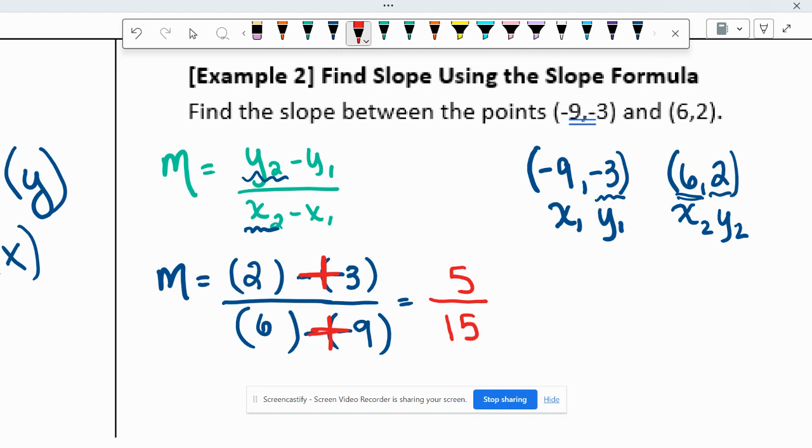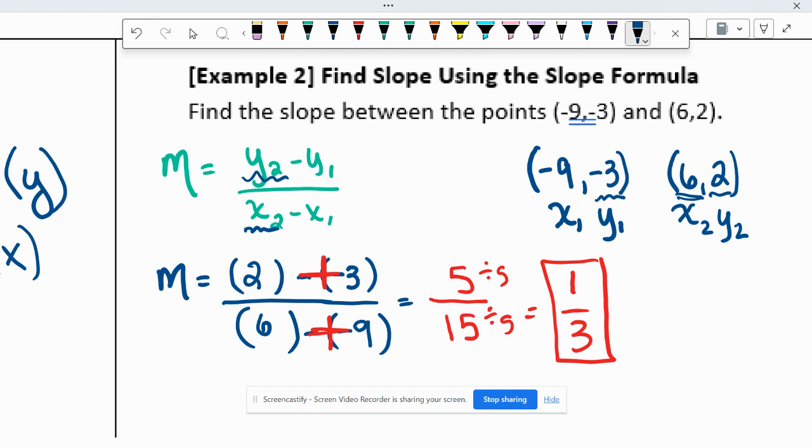Can I reduce that? Yeah, I can. What does that become? It becomes 1/3. Because those are the ordered pairs from that graph right next to us. Okay, so your slope is 1/3.